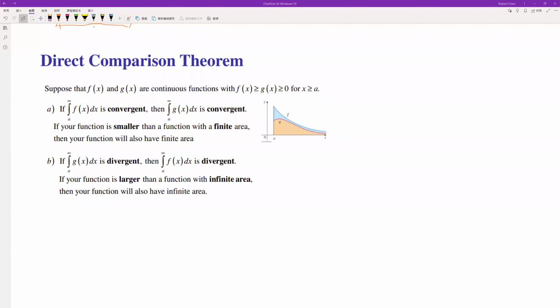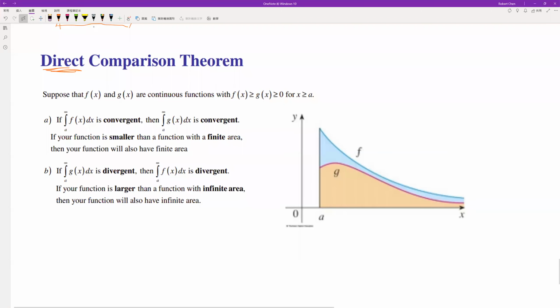So we're looking at our first comparison test. This one is called a direct comparison test. Basically what we're doing here is we're comparing the areas under two different functions. So we have the graph here. Now, actually, let me make it a little bigger.